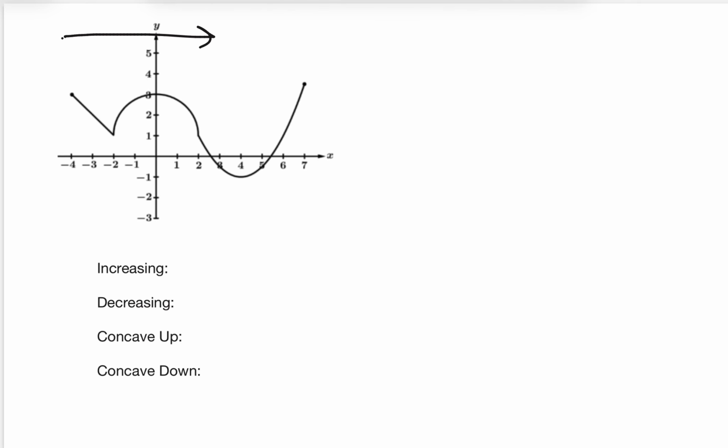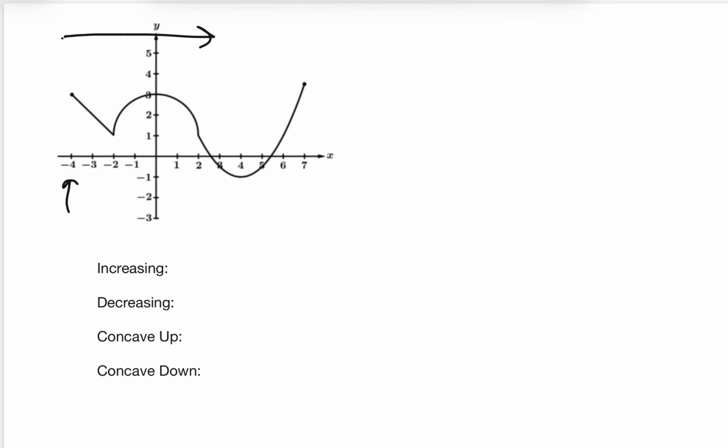And when I list the intervals of increasing, decreasing, or concave up, concave down, I'm just listing the x values. So I'm starting with my graph at the furthest left point, which is at -4 right here. And I'm just listing x values as I go from left to right. So if I follow along from -4 down to -2, I am decreasing.